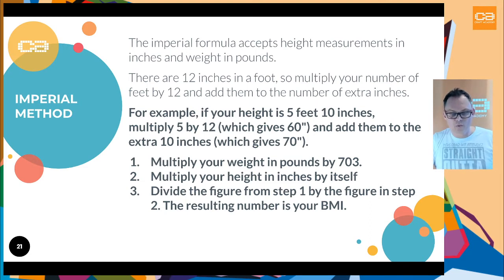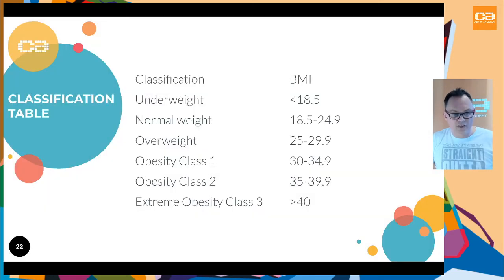And then we have to apply a slightly different algorithm in order to get the BMI value, and then again compare that to the classification table. The classification table takes the BMI value, and if it's below 18.5, then you're underweight, and if it's over 40, then you're classified as extreme obesity.